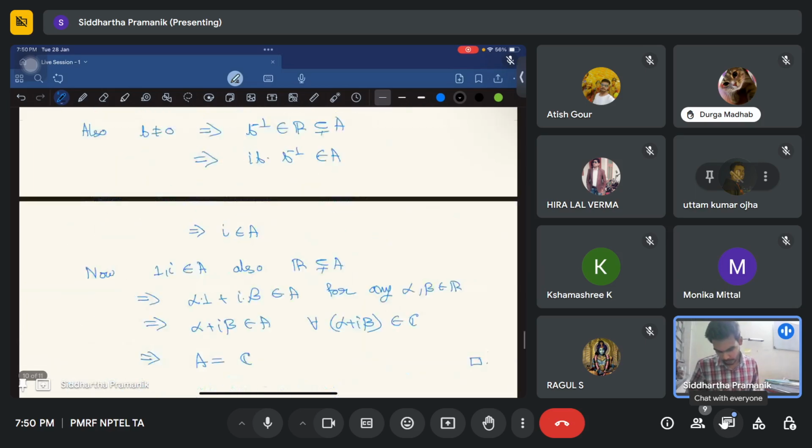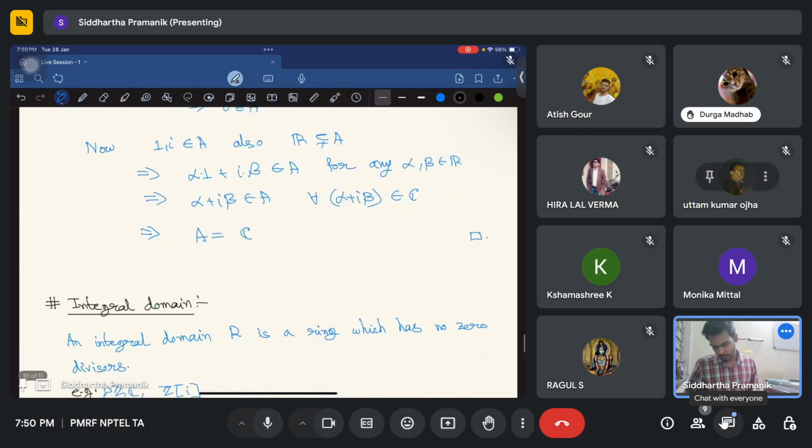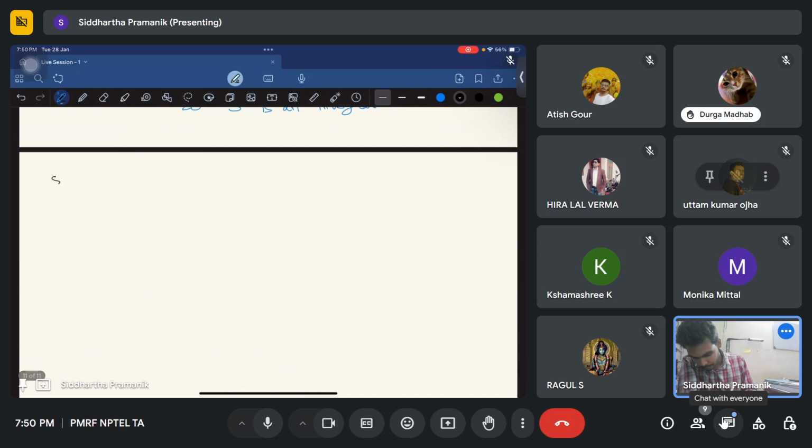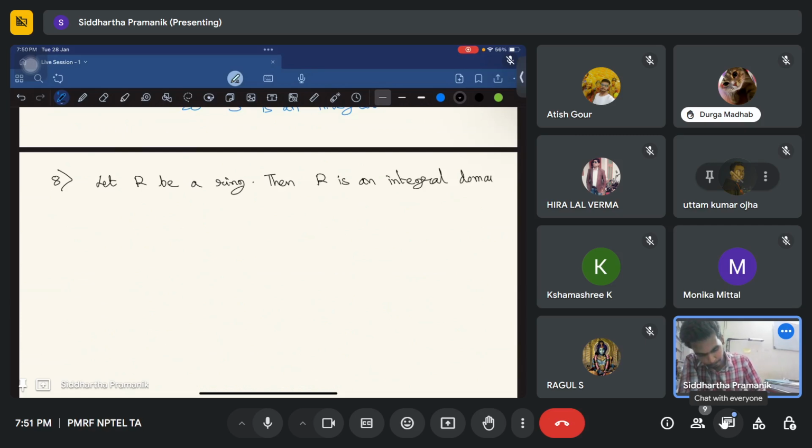Now let's go to another problem. Problem 8. Let R be a ring, then R is an integral domain if and only if the polynomial ring R[x] in one variable is an integral domain.